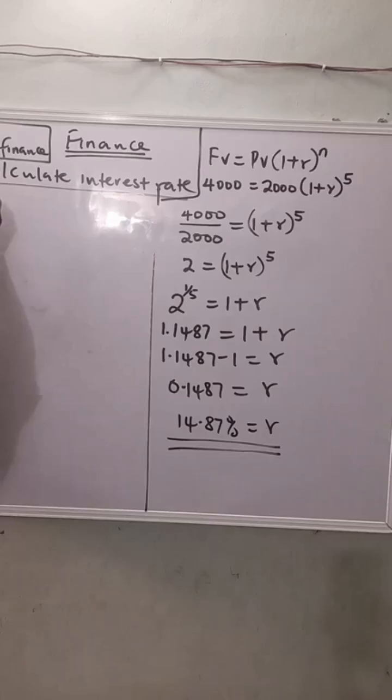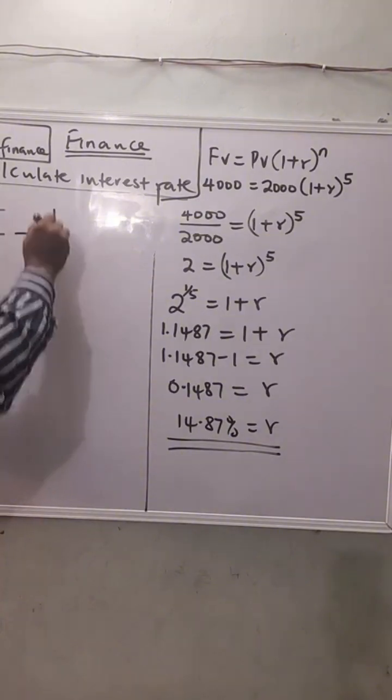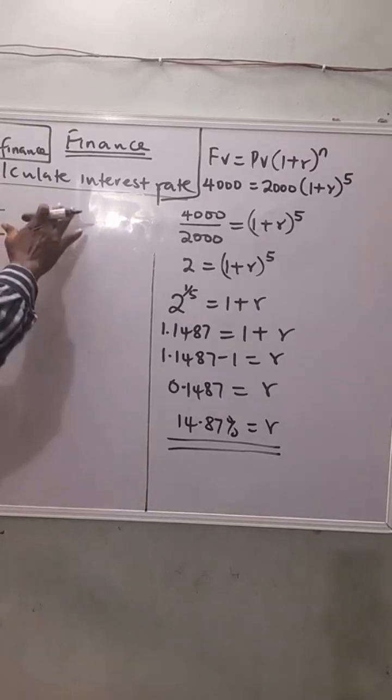Alternatively, our interest rate formula is R equal to the n-th root of future value all over present value, minus one whole number. The formula is R equal to n root, like this. So this is our formula. This is one whole number.